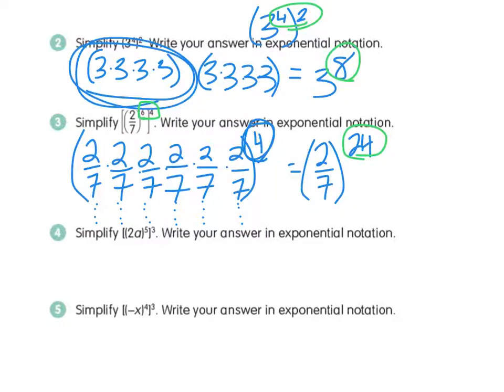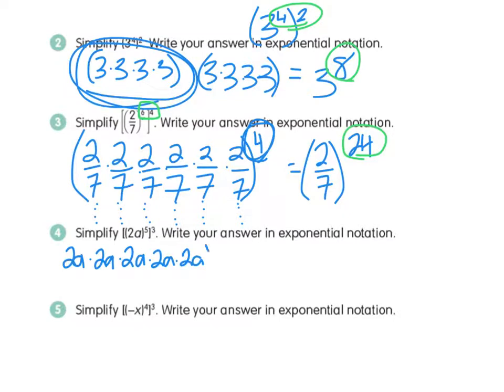All right, next problem. We have 2a to the power of 5 to the power of 3. So to start with, I'm going to have 2a times 2a times 2a times 2a times 2a. All right, that's 2a to the power of 5. Now let's do that to the power of 3. So we need 3 groups of this. So this is one group.